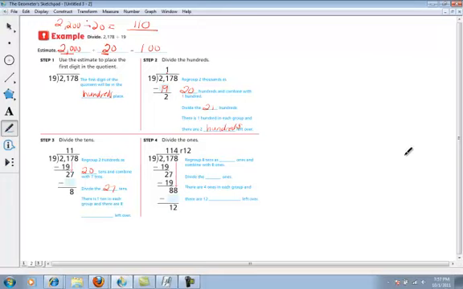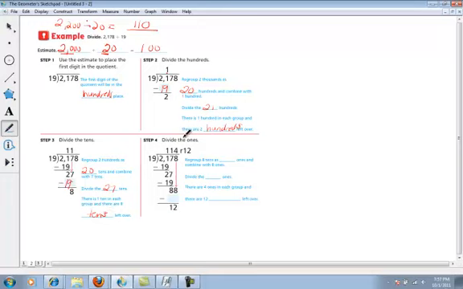Imagine 19 circles over here, and we've got 27 tens to put in those groups. Well, if I put 1 ten in each group, that's going to be 19 tens, and I'm going to have 8 tens left over that aren't going to fit evenly into those groups. So there's going to be 1 ten in each group, and there are 8 tens left over.